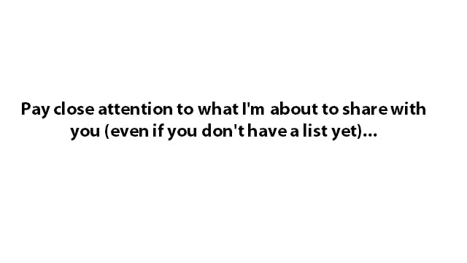So you need to pay close attention to what I'm about to share with you, even if you don't have a list yet. I know there'll be some of you watching this and going through these modules that are interested in the no list method, which we'll be covering in the next module. But even if you don't have a list yet, you need to go through this module right now, because it contains important information that you can use to maximize your commissions.